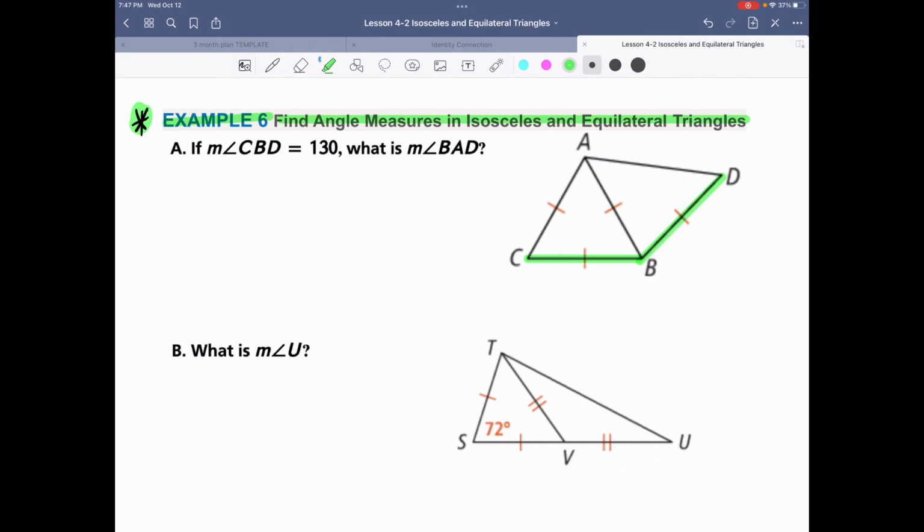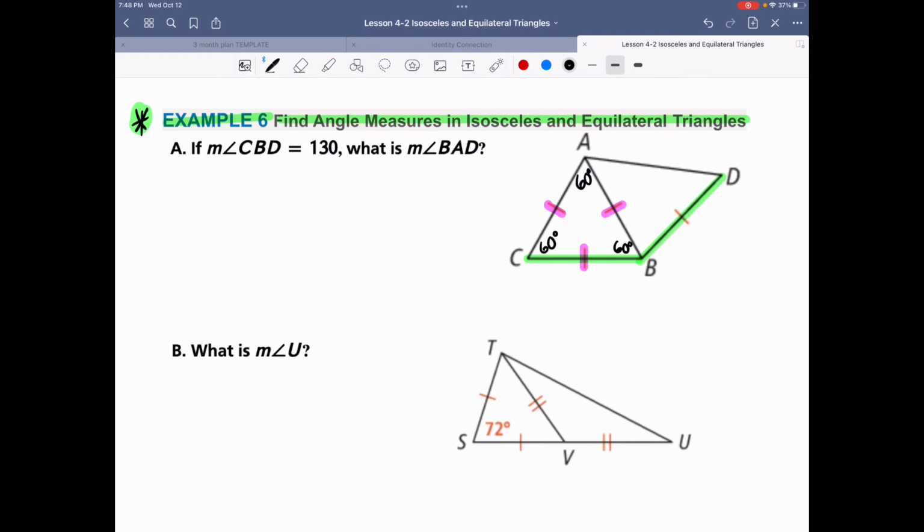The first thing that I'm noticing is that ABC is an equilateral triangle. And in an equilateral triangle, all of the angles are equivalent in measure, which means that every single angle has to be 60, because what is 60 times 3? Yeah, 180. So every equilateral triangle has every angle equal to 60 degrees.